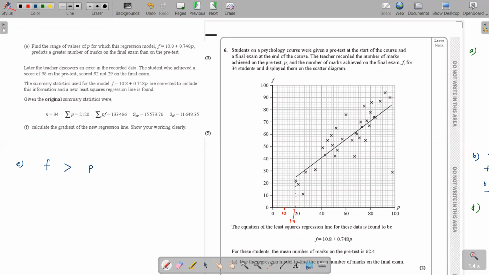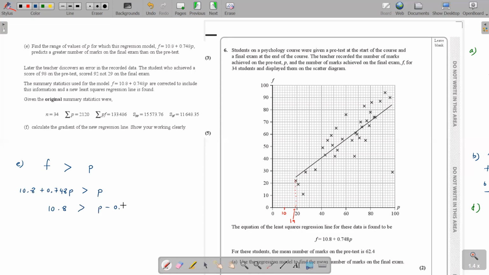So the F equation is given to us, right? What is the F equation? 10.8 plus 0.748 P should be greater than P. Do you see? So we can get the range by doing this. This is the way to get the range. Otherwise, you can't just think about it. So the range of values of P where the final mark is greater than the pre-test.